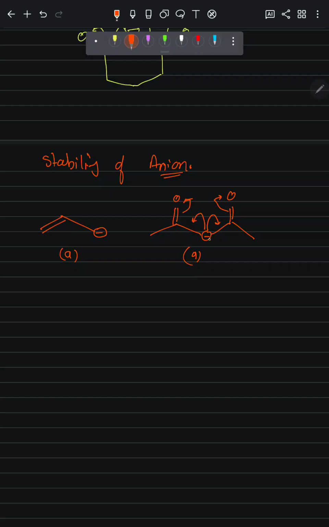So the dispersion of negative charge is more in B as compared to A, because here only one direction is present. So B is more stable compared to A.